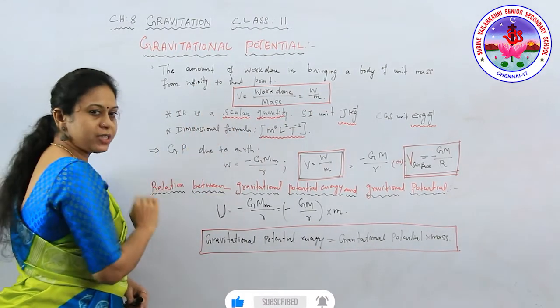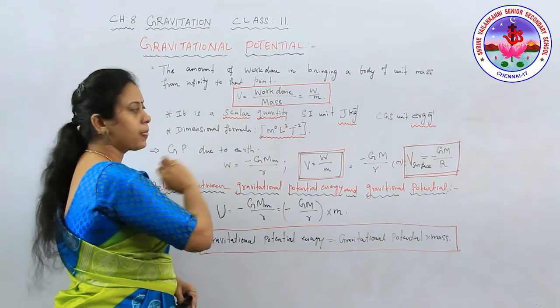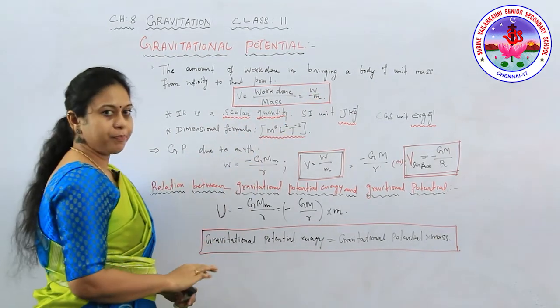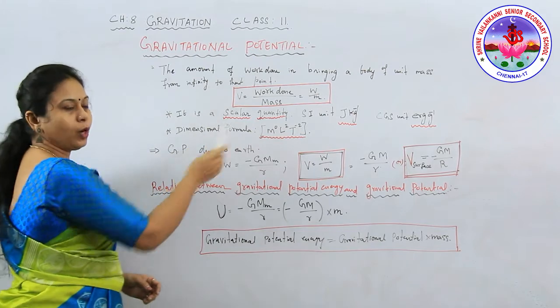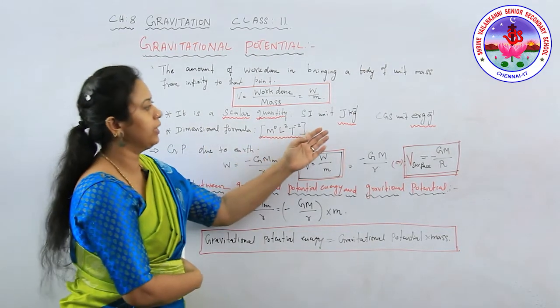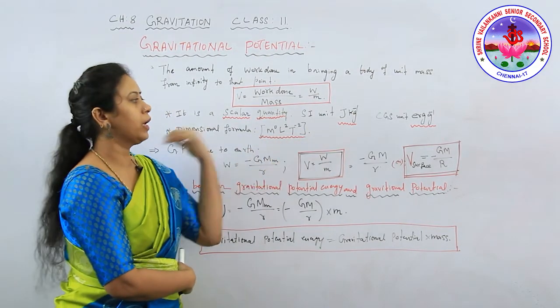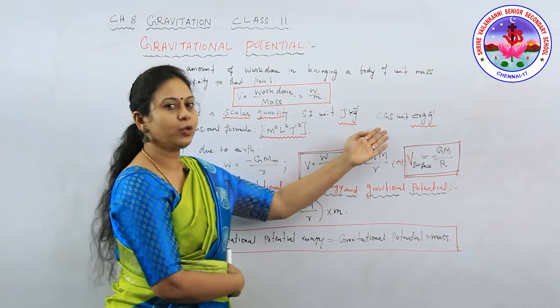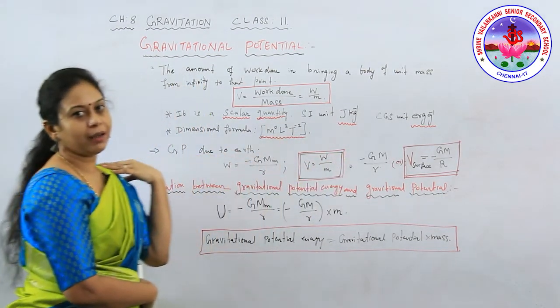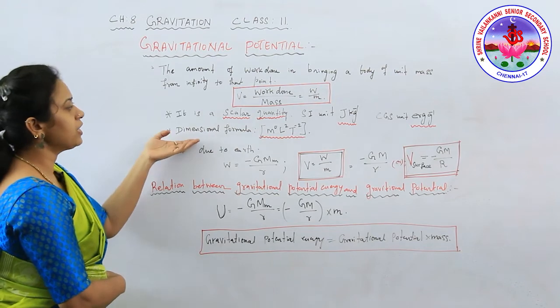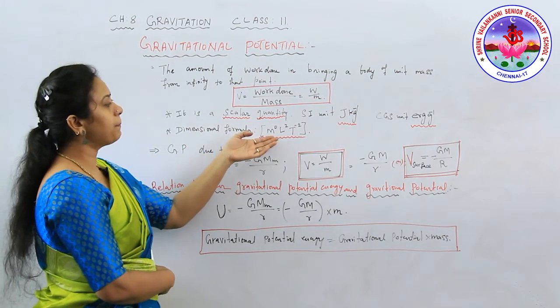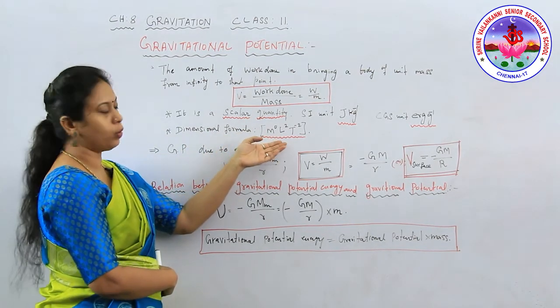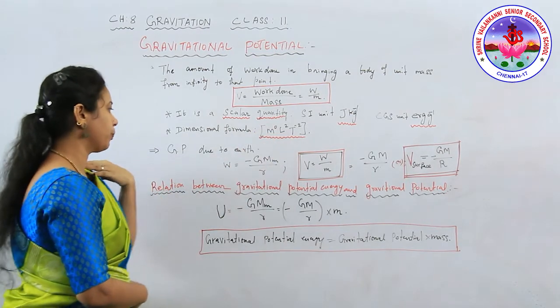So V is equal to work done by mass, W by m. It is a scalar quantity and the SI unit is joule per kilogram. In CGS unit, erg per gram. The dimensional formula is M power 0, L power 2, T power minus 2.